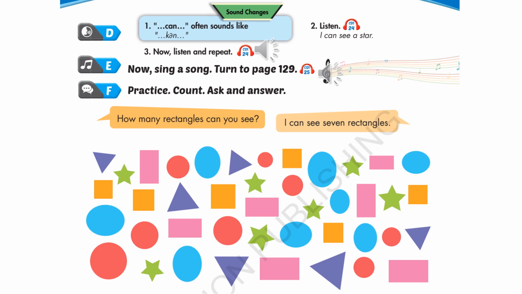How many stars can you see? I can see 6 stars. How many ovals can you see? I can see 7 ovals.